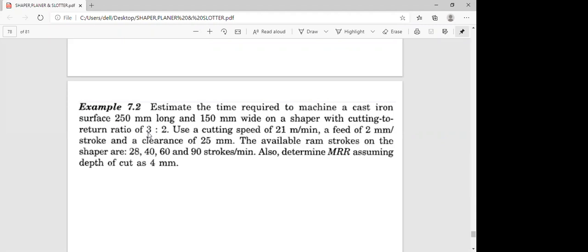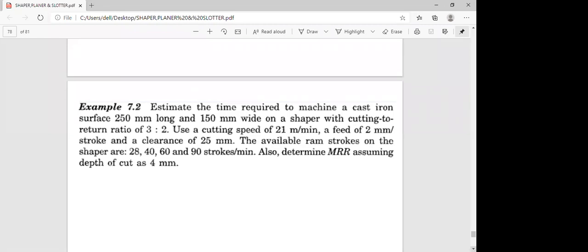Every time the ratios may not be given the same way, but how you take this in the problem is very important. The cutting speed he has given as 21 meters per minute. The feed he has given as 2 mm per stroke, not double stroke, so you have to be careful there. And clearance is 25 mm.